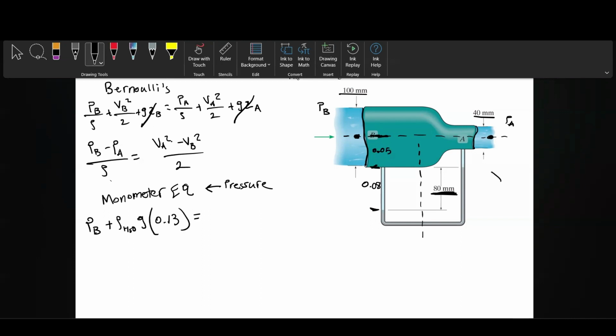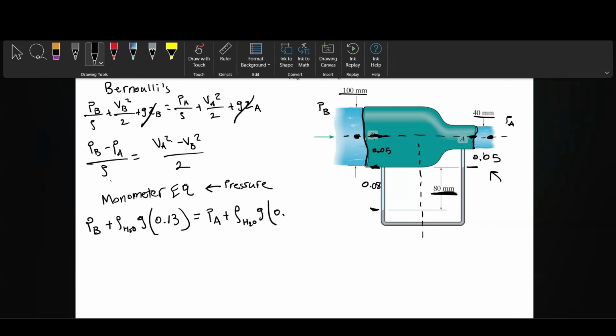Now we're working from this side. On the right side, we have PA plus rho H2O times G times the height of water. Our height of water here is from this line to our streamline, and if you remember from this side, that is just going to be 0.05.